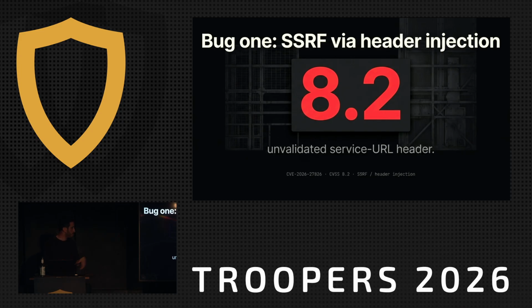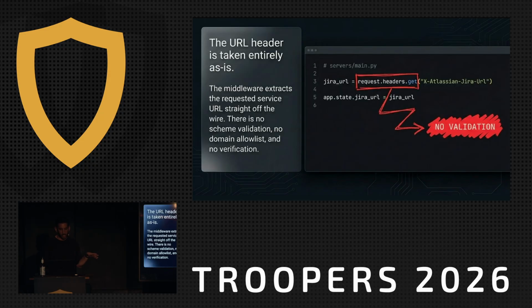But the problem is, and this is the first vulnerability that we discussed, there's no validation as to what that header is. So this is basically the code. As you can see, we're taking the header from the request, this is the name, x_Atlassian Jira URL, and putting it into this variable. No validation, no whitelisting, no allow list, nothing of that sort.